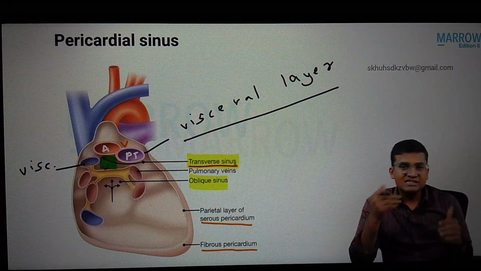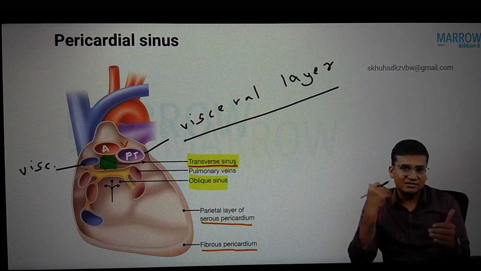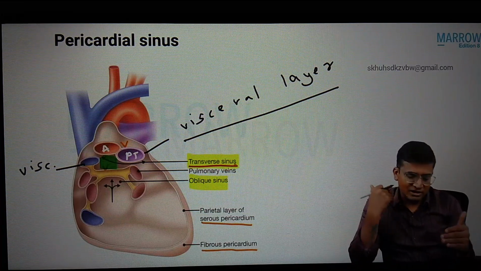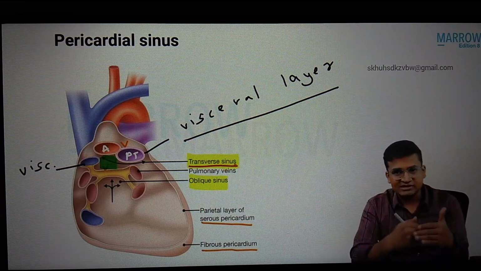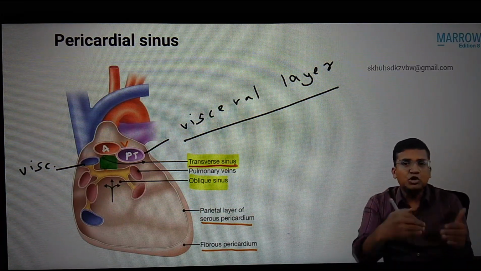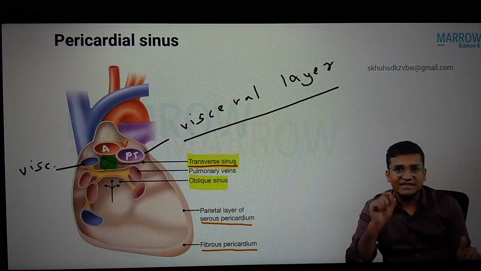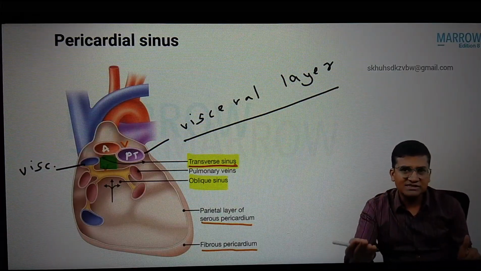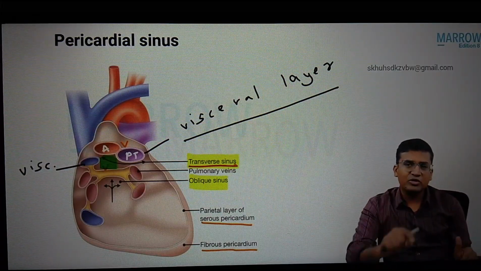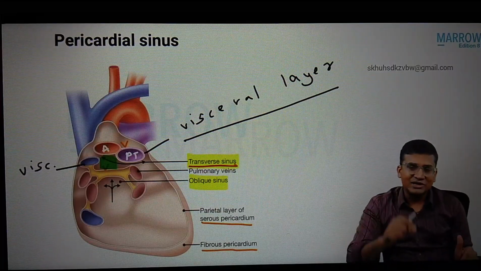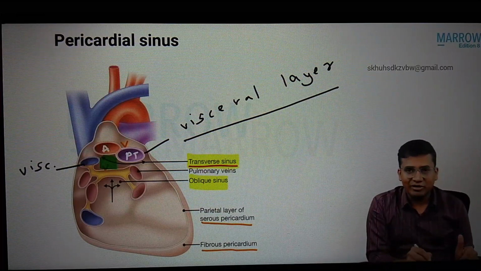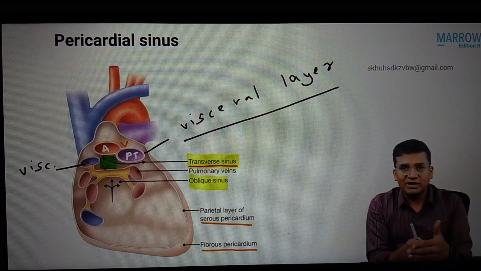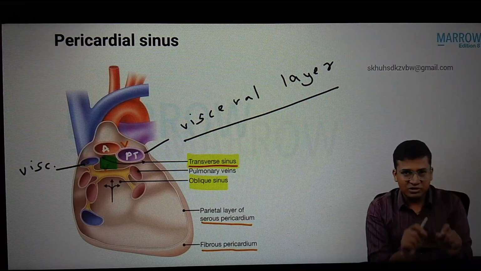So what is the transverse sinus? Listen, we will write the points. The transverse sinus is a space between the two tubular reflections of the serous layer. What are the tubular reflections? One tubular reflection is for the aorta and pulmonary trunk, and another tubular reflection is for the superior vena cava. Between the two tubular reflections of the serous layer we see one space.